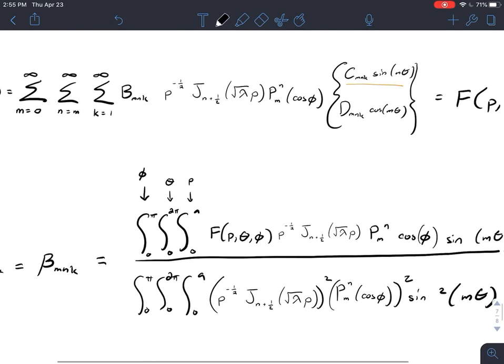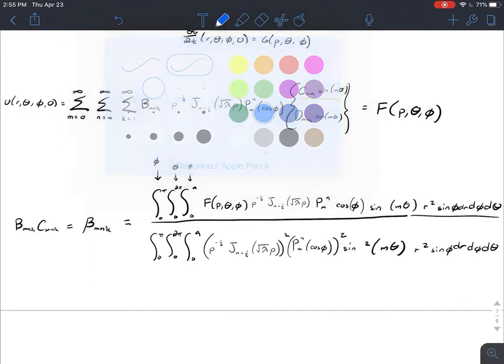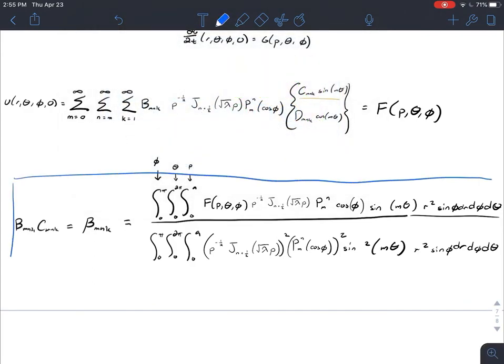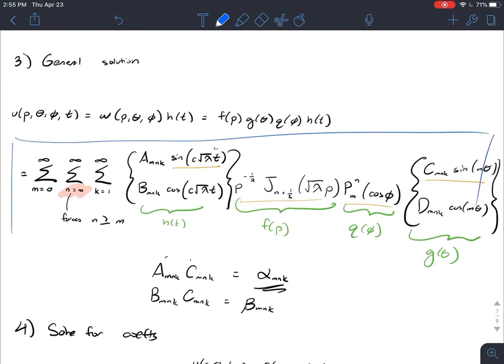If I was solving for b_mnk, then the cosines would be there, but still sine phi d phi d theta. Oh, there needs to be a dr as well. Oh my god, so many terms. dr. Okay, so yeah, this would basically be your final coefficient answer, and then this would also be your final answer right here.